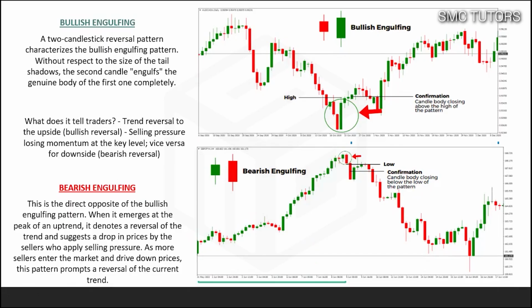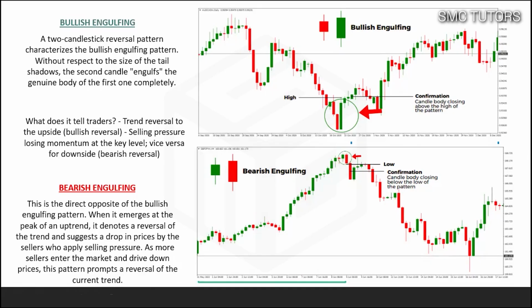The emphasis is on the body size, not on the wicks. The body of the green candle should totally cover the body of the red candle.